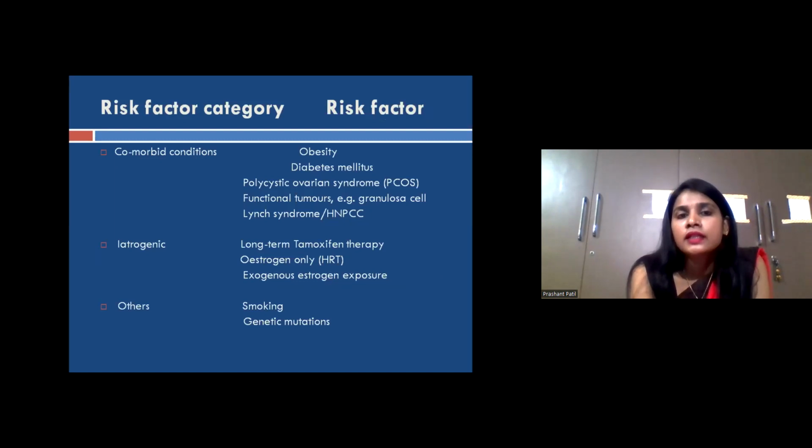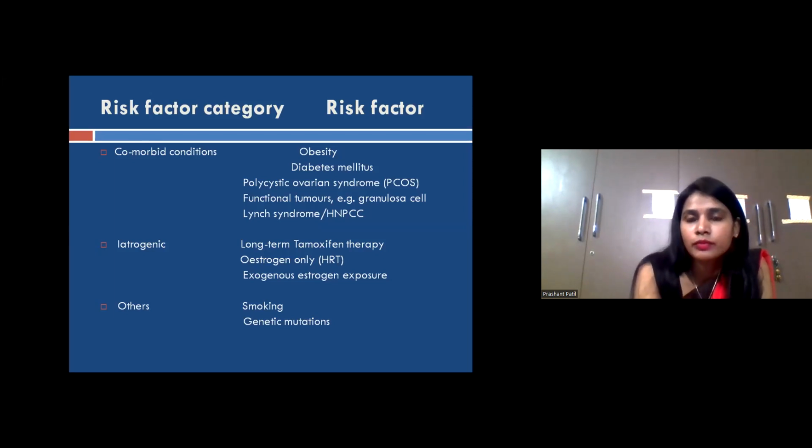Then the comorbid conditions associated with endogenous factors, like obesity, diabetes, polycystic ovarian syndrome, some functional ovarian tumors, and genetic syndromes. Coming to the iatrogenic or exogenous factors: hormonal therapy, hormone replacement therapy which we give during the menopausal years, and tamoxifen therapy, if it goes on for a long term for breast cancer. All these exogenous factors also play a role in endometrial hyperplasia.